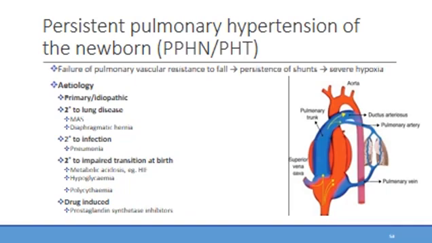Hypoglycemia and polycythemia are other reasons that can impair this normal physiological process. Lastly, drugs can also induce pulmonary hypertension, specifically prostaglandin synthetase inhibitors such as ibuprofen or aspirin, and therefore it is contraindicated to give this to the mother.